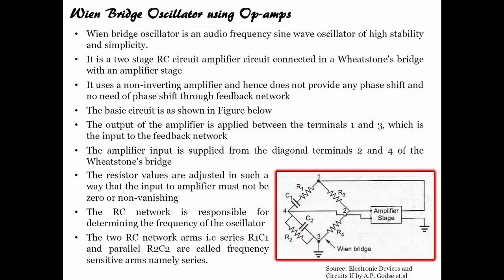The RC network is responsible for determining the frequency of the oscillator. The RC network, which is here and here, determines the frequency of the oscillator. So, how many RC sections are there? There are 2 RC sections, one series R1 C1 and another parallel R2 C2, and these are called frequency sensitive arms.